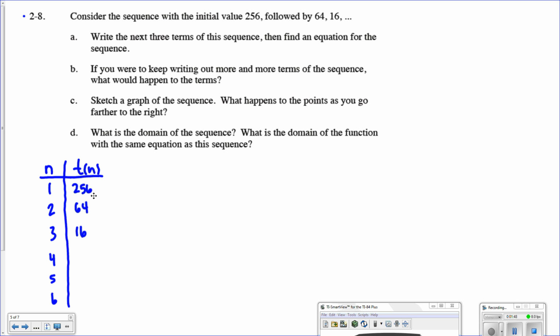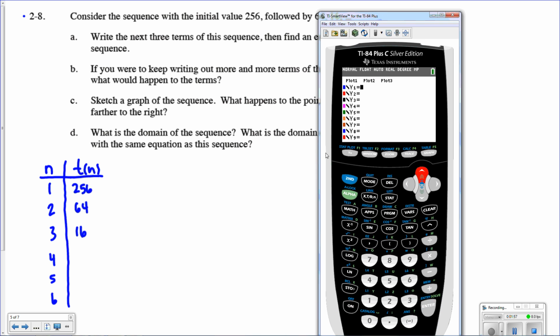Well, I can say here that 64 when compared to 256, if I pull out my calculator here, and I go into just my regular mode, I can do 64 divided by 256. It gives me 0.25 or 1/4.